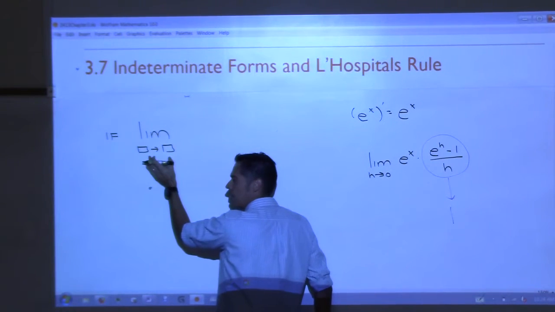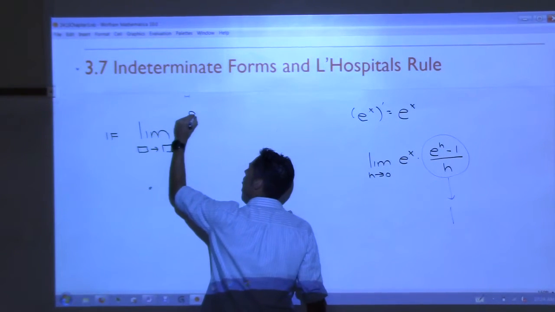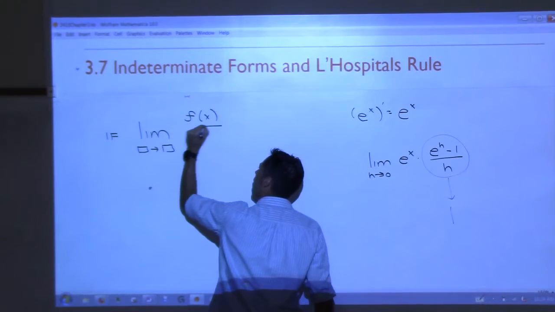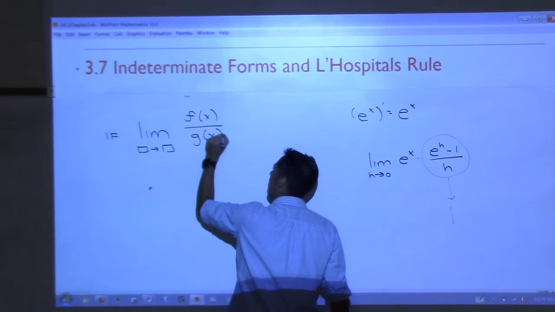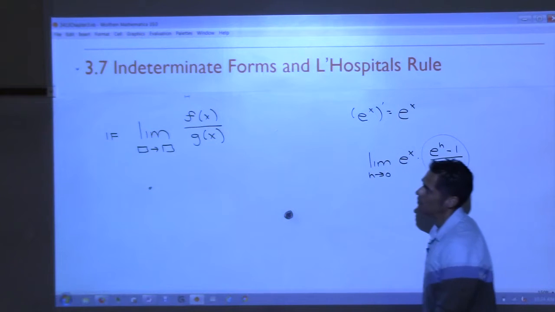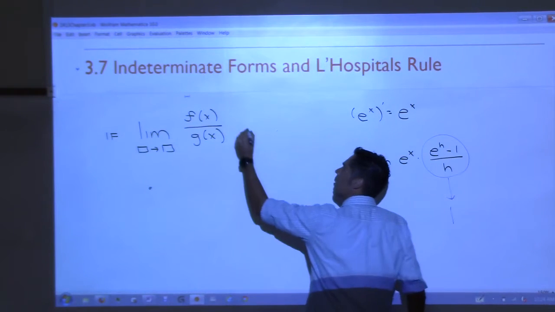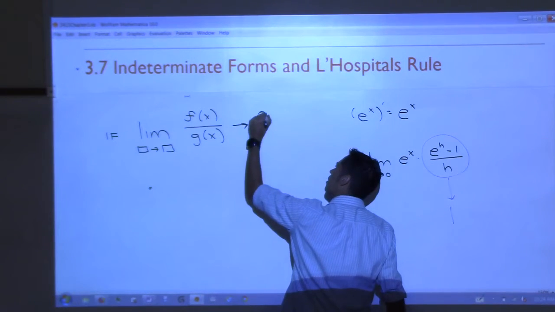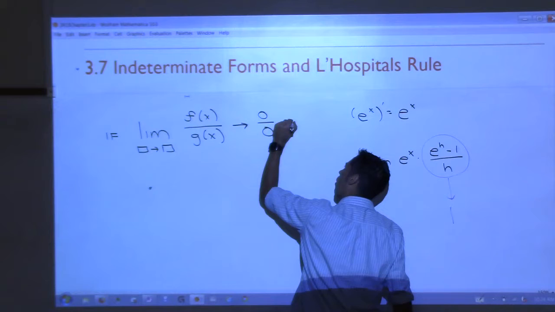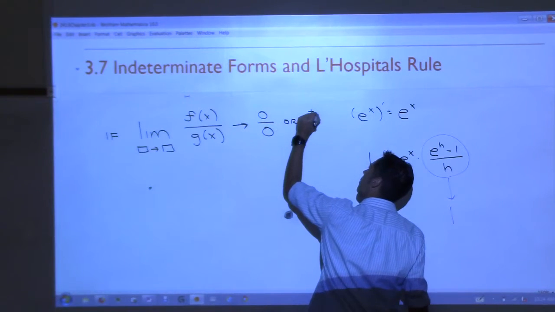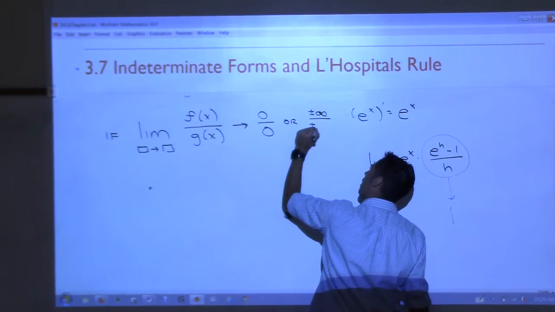And you have some function in a numerator over some other function in a denominator. So you have a ratio of two things. If this limit is approaching 0 over 0 or positive or negative infinity over positive or negative infinity.